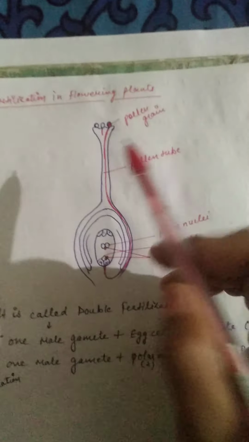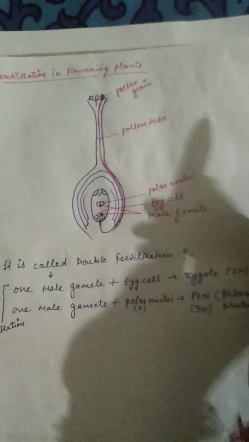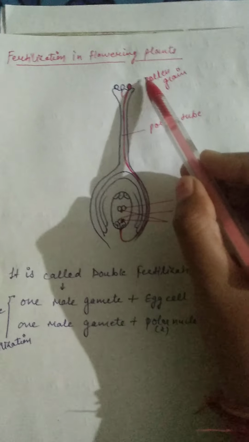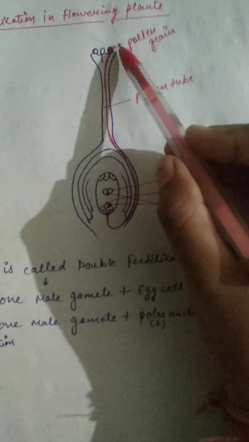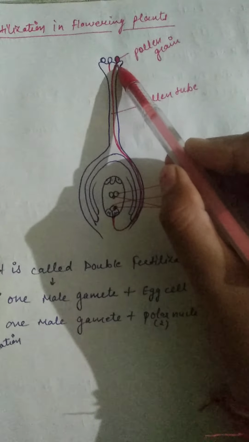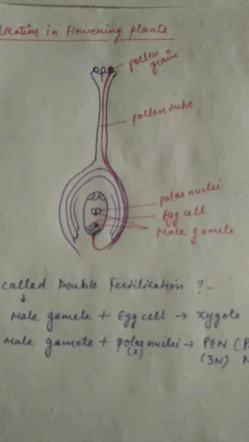Now I am showing the fertilization in flowering plants. How does it take place? When the pollen grain is released from the mature anther, it is shed on the platform which is called the stigma, and then after some time there is a formation of the pollen tube.